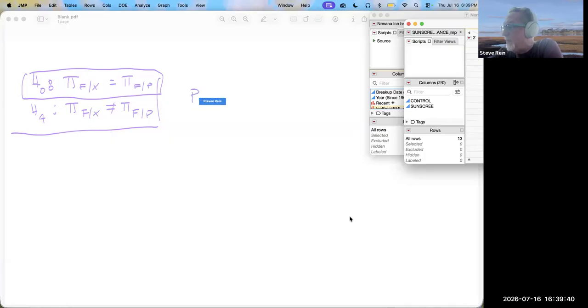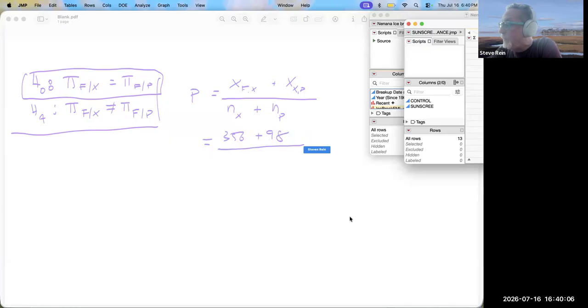That rate P is equal to the number of fecal urgency cases in the Xenical group plus the number of fecal urgency cases in the placebo group over the number of individuals in total. So that's N of Xenical plus N for the placebo. That's going to be just indeed our 356 plus 98 over the total, which is 3379.